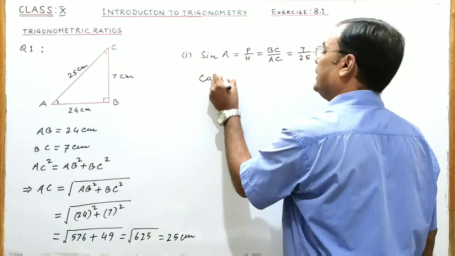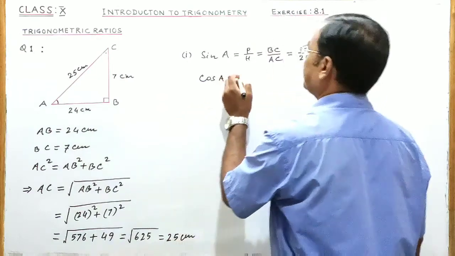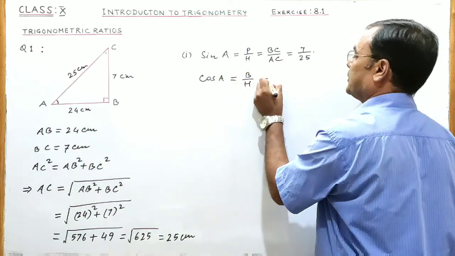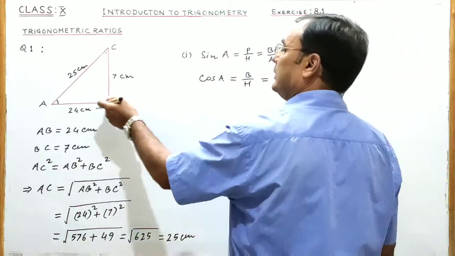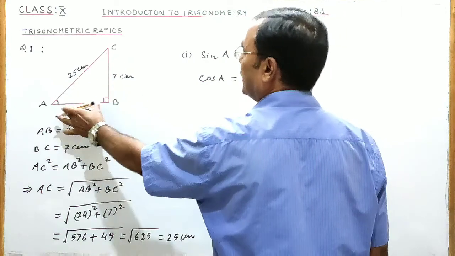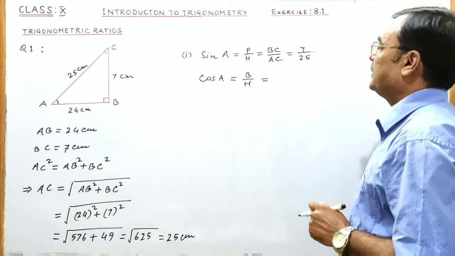Cos of angle A is defined as base by hypotenuse. For acute angle A, opposite side BC is perpendicular and adjacent side AB is base. This you have to remember.